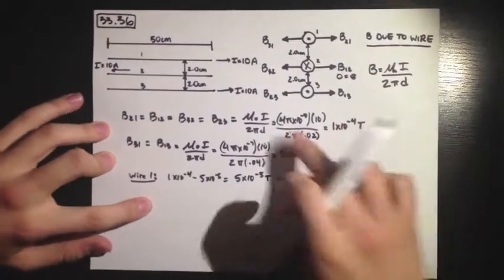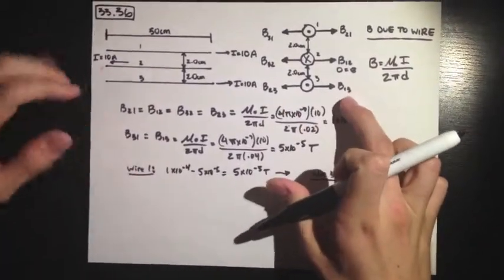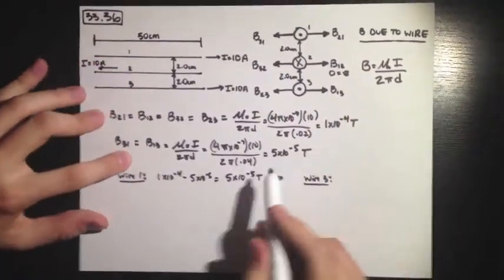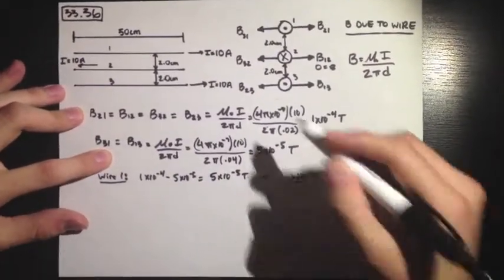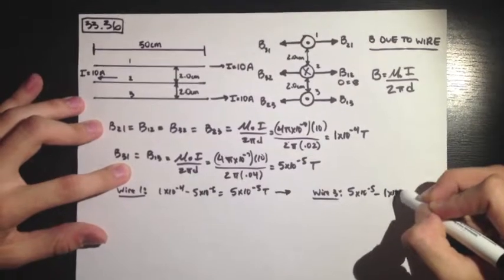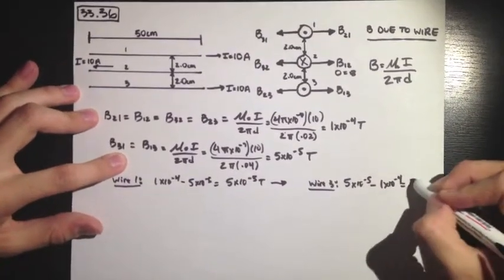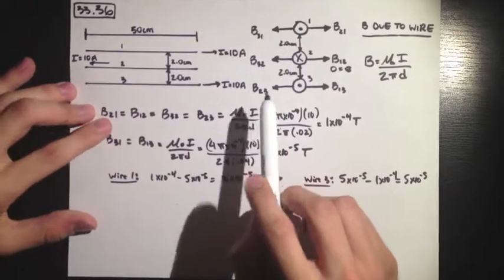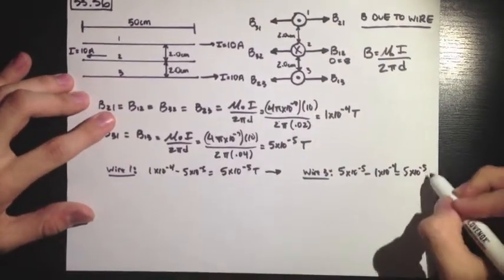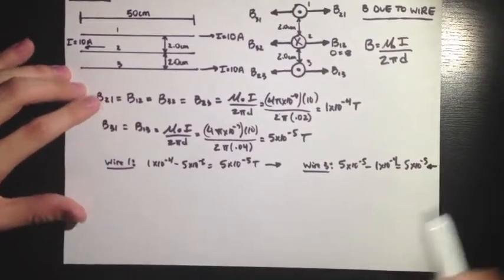For wire 3, we have, again, these 2, so 1 on 3 is 5 times 10 to the negative 5th, and you're going to be subtracting it from the 1 times 10 to the negative 4th. And so you get 5 times 10 to the negative 5th, but that is to the left because 2 on 3 is bigger. So, now when we're doing the force, we have a cross product in here.